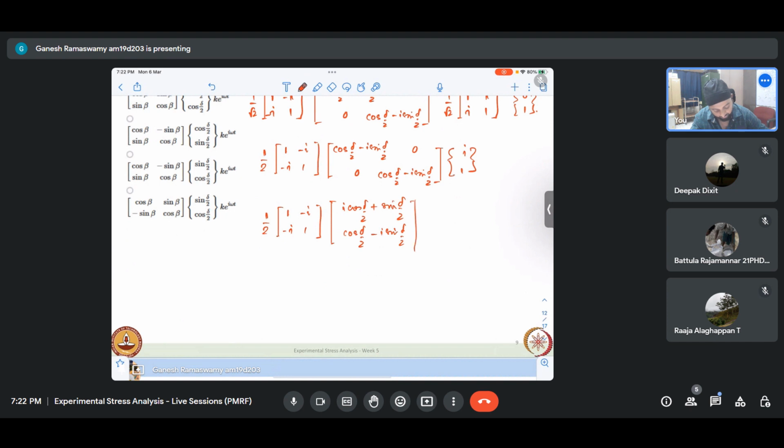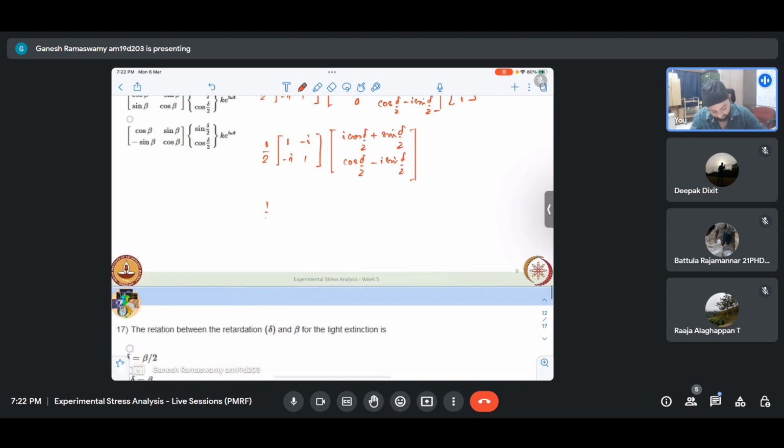So this will be i cos delta by 2 plus sine delta by 2 minus i cos delta by 2, minus sine delta by 2. One minute, if I'm doing this correctly. Cos delta by 2.